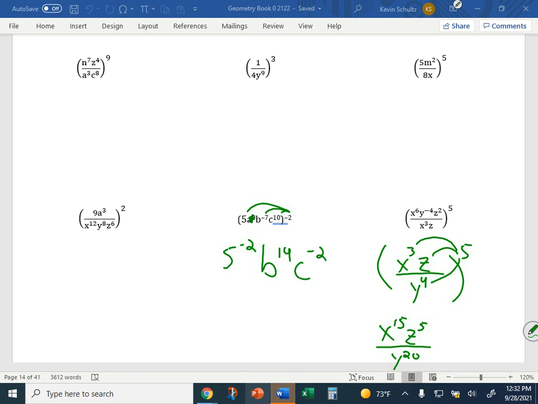And then c to the -20th. Now we can move stuff. Our b to the 14th stays up top because it's positive. Our 5 to the -2nd goes to the denominator, becomes 5 to the +2nd, which you can write as 25 if you want to. And then c to the +20th there. Okay?